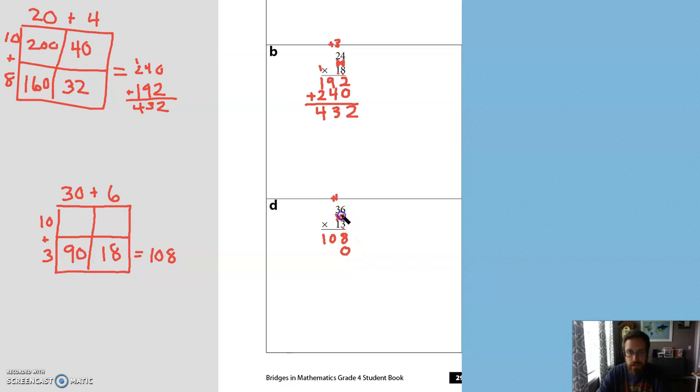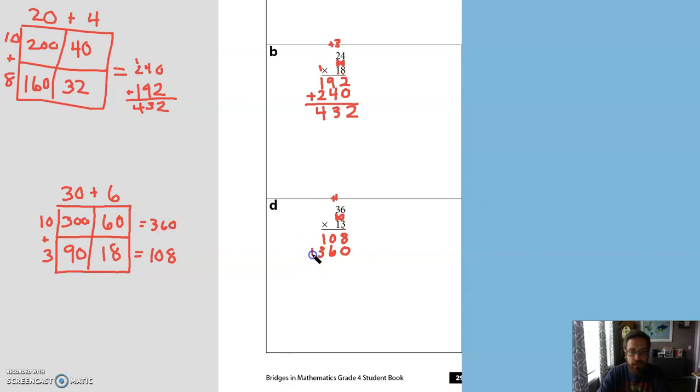So 1 times 6 is 6, which is 10 times 6 would be 60. And then 1 times 3 is 3, or 10 times 30 would be 300. And if I added those together, that would get me 360.